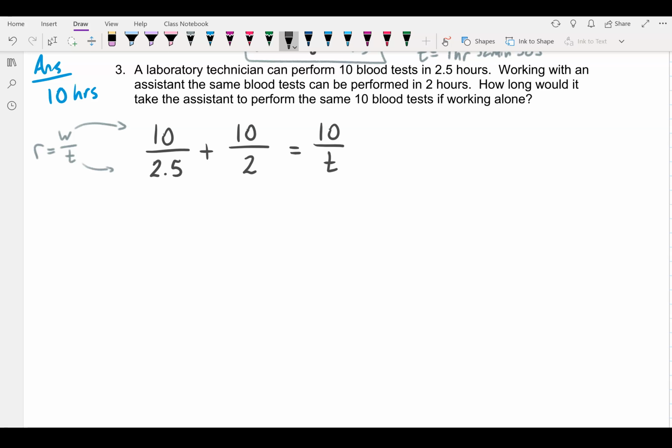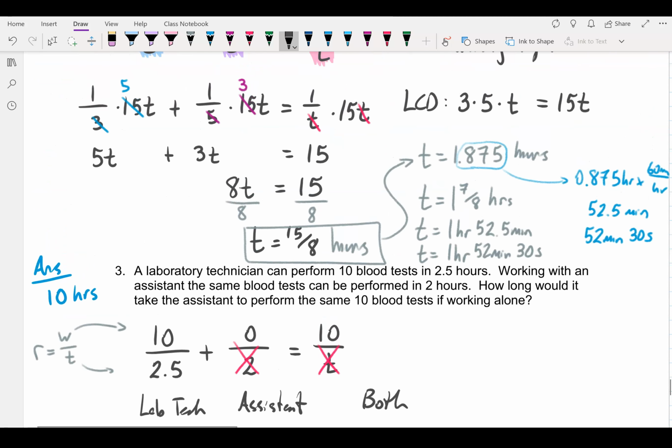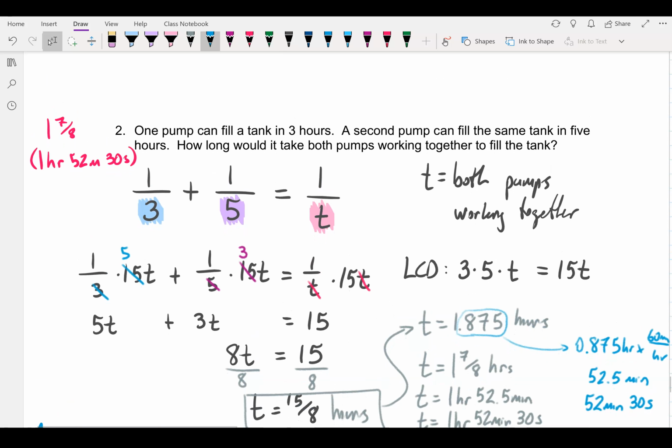You can't do that. The way that we need to set this up, you're not allowed to do it that way. What we're going to think about is that we have the lab tech first, and then you need to add the assistant on the same side of the equation, and then that's going to give us our situation where we have both. Let me go back and show you how this works.